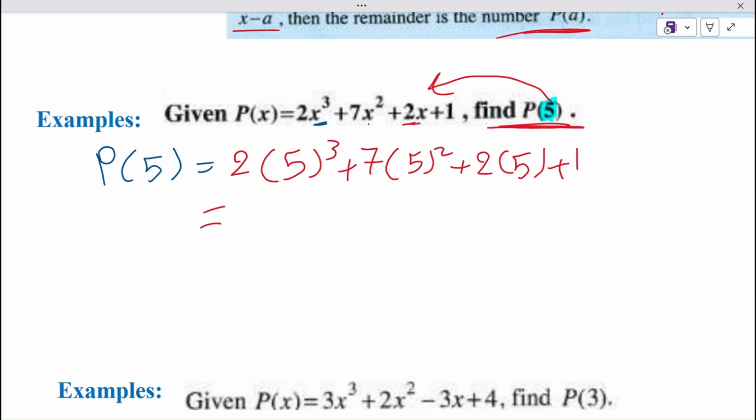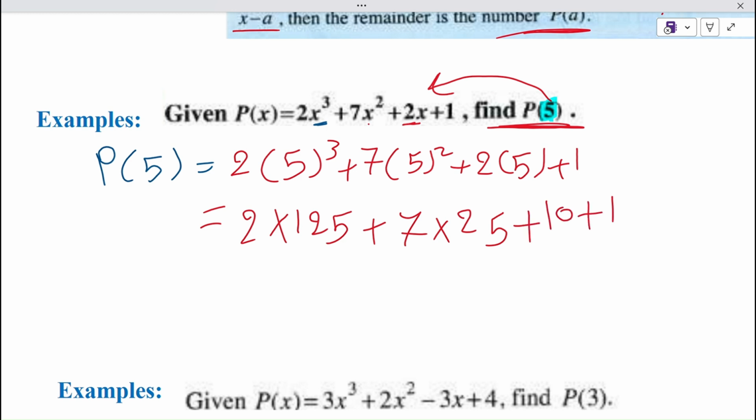Use your calculator. 5 times 5 is equal to 25. 25 times 5 is equal to 125, plus 7 times 25, plus 2 times 5 is 10, plus 1.